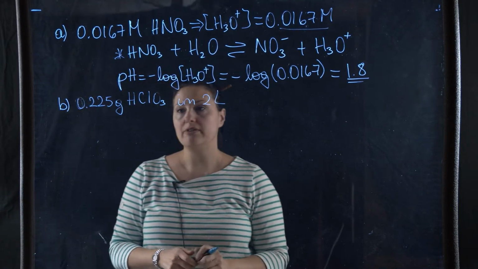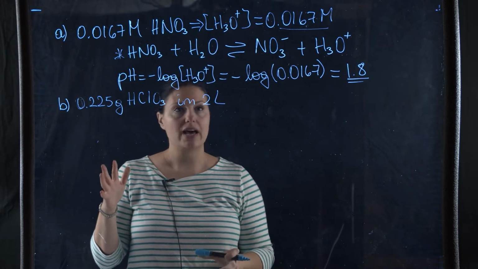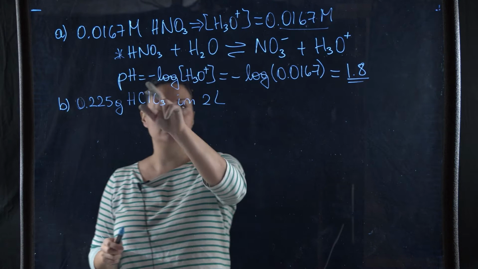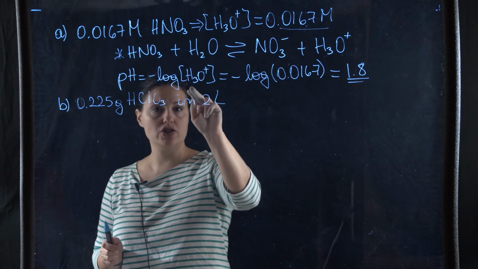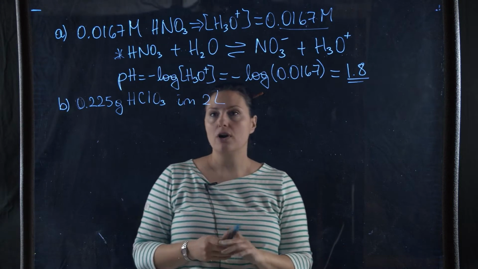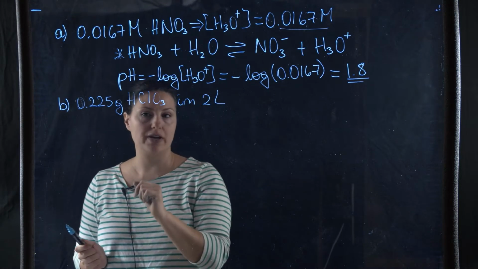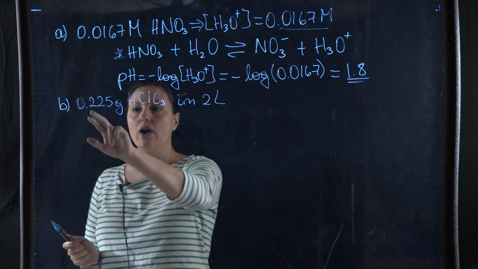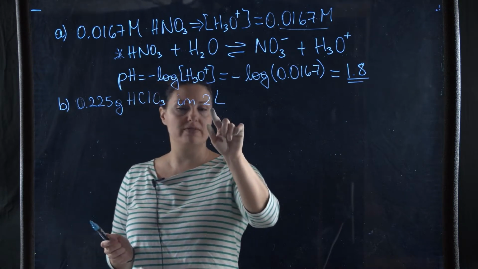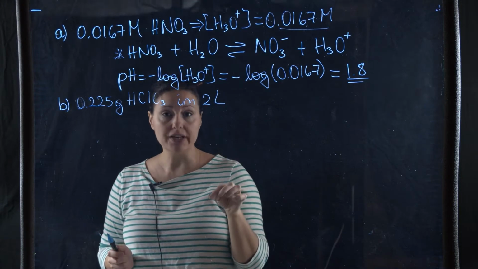Now remember, before I can do the pH calculation, the pH is the minus log of the molar concentration of my H3O plus. Therefore, I can't use 0.225 grams because it's not in the correct unit, or I can't take 0.225 grams divided by 2 liters and plug it in here. I have to find the molarity.